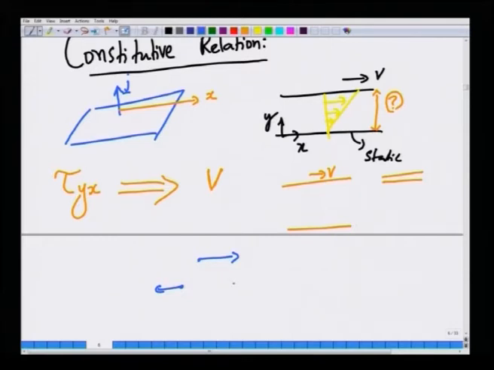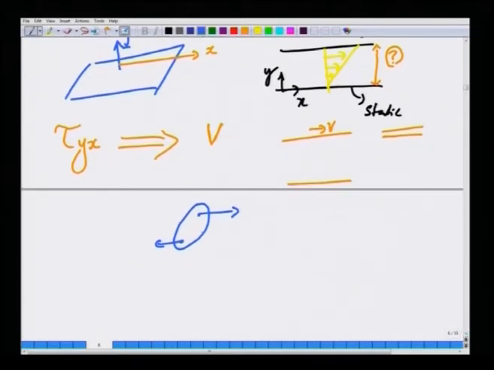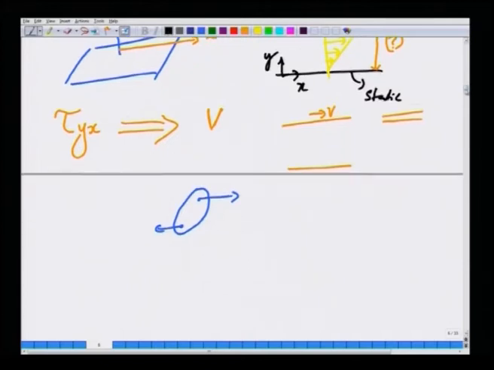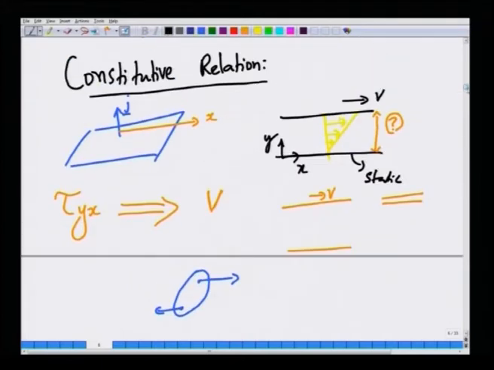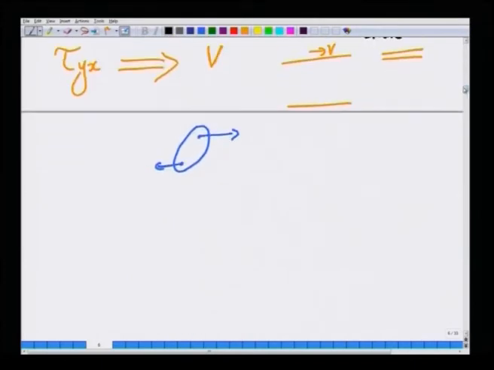Only then viscous stresses will be generated. Now, that part is accurately captured by what is called the gradient of velocity. So, stresses in a fluid cannot be generated purely by rigid body motion of the entire fluid. There has to be relative deformation between 2 points in a fluid, and that is captured by what is called the gradient of velocity.